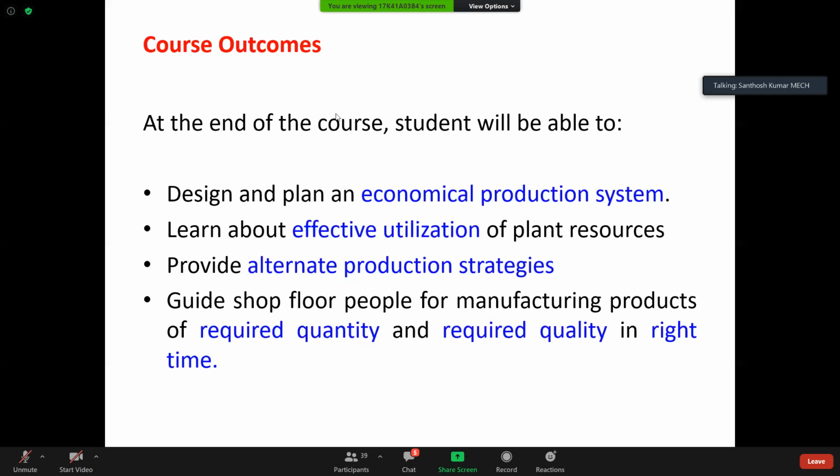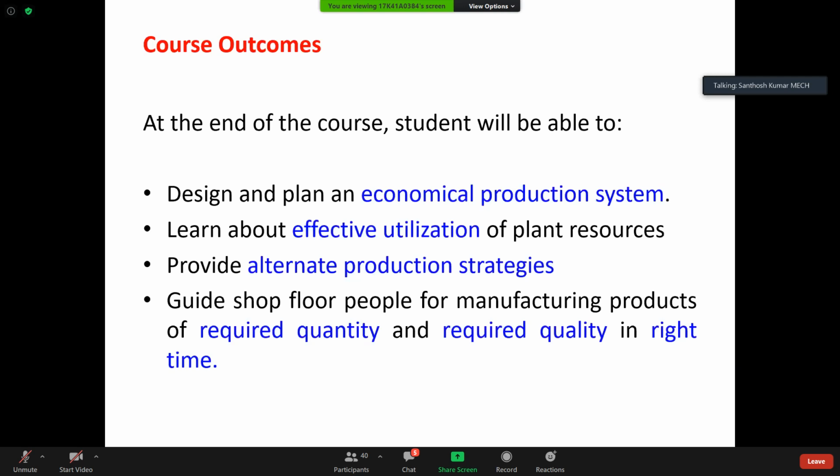Similarly in this course, you don't need to go, but I will give a complete idea about how the industry is working presently in the manufacturing or service sector. So these are the outcomes we achieve at the end of the course.